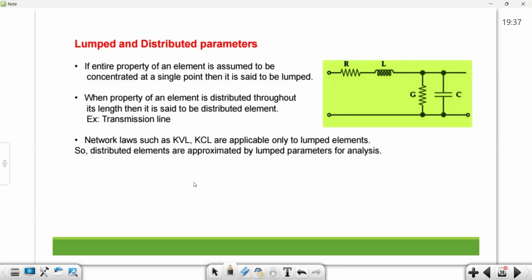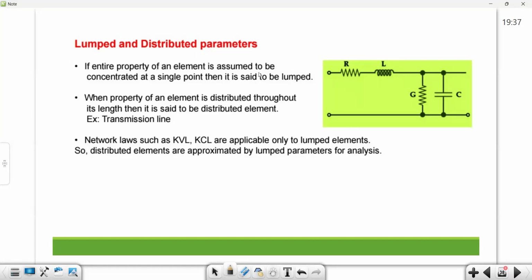In a transmission line also you have resistance, inductance, capacitance, but there you can't see them physically with the naked eye, though the property will be there. Those are distributed. The physical ones which you can see by your eyes, generally on a PCB board, are lumped. If you open your phone charger also, you can see the physical components.